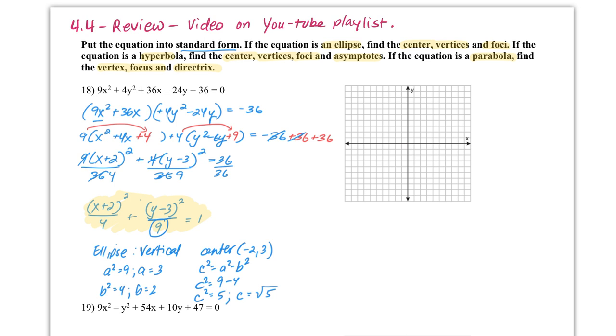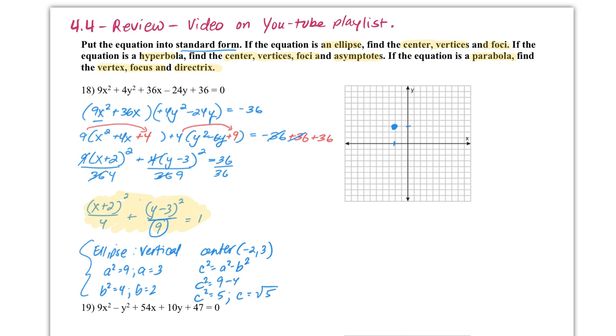Now, for purposes of this video, I think once you guys are here, you all know what to do. I'm going to post the solutions. But just remember, wherever your center is, let's say negative 2, positive 3 here, it's a vertical ellipse, which means I know it's going to go on this axis here.